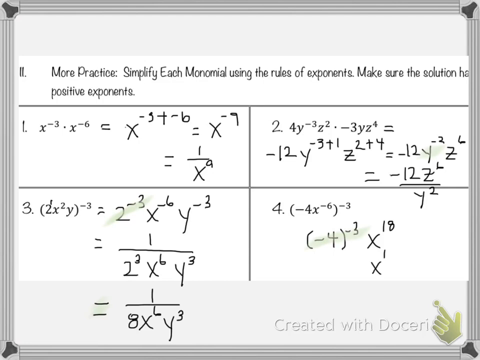So I'm going to have x to the 18th over negative 4 raised to the positive 3rd power. So x to the 18th over negative 4 times negative 4. So positive 16, 16 times the negative 4, which is a negative 64.